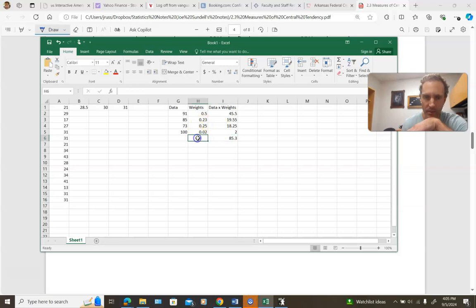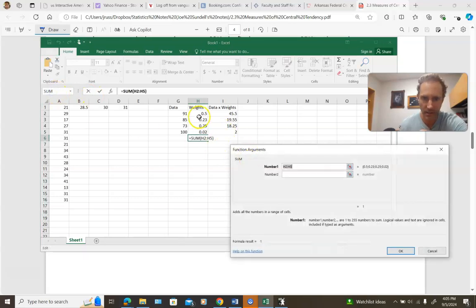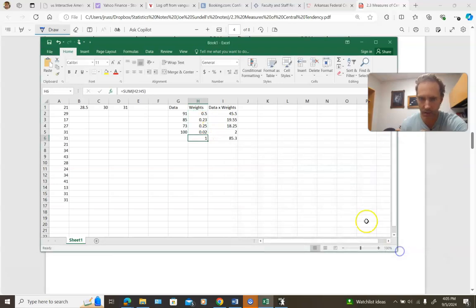And then you could come over to this one and do the same thing. Type in equals, select sum again, highlight that column, and hit OK, and it'll give you that. Okay, and then you could even tell it to take this cell and divide it by this cell to actually give you that weighted mean.